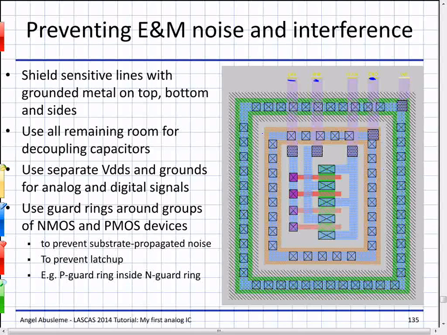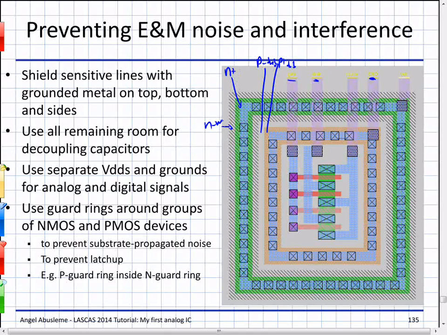So again, here we have a P sub, and this one is a P plus sub. Then we can put another guard ring around it, an N plus guard ring around it on an N well.